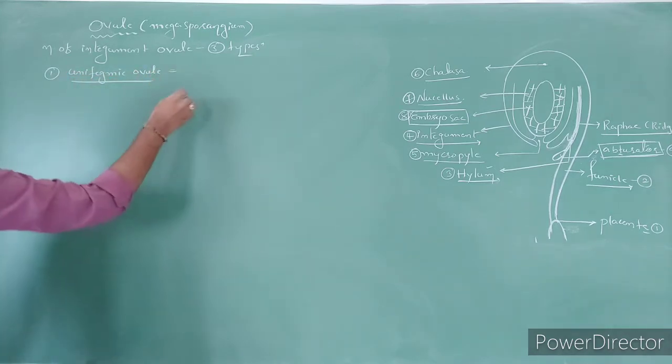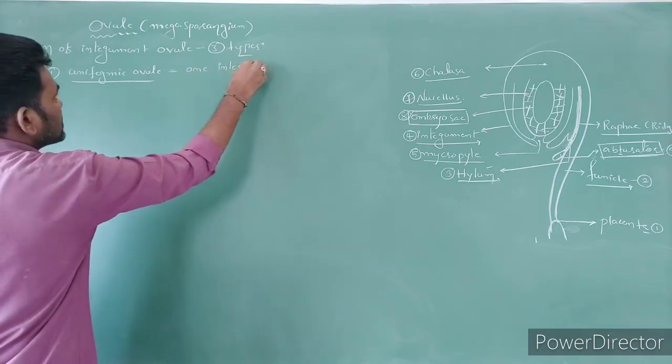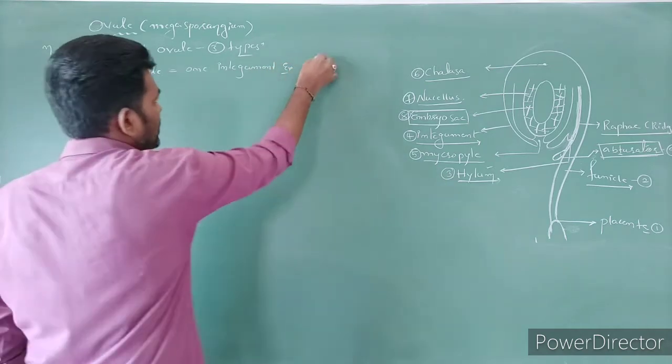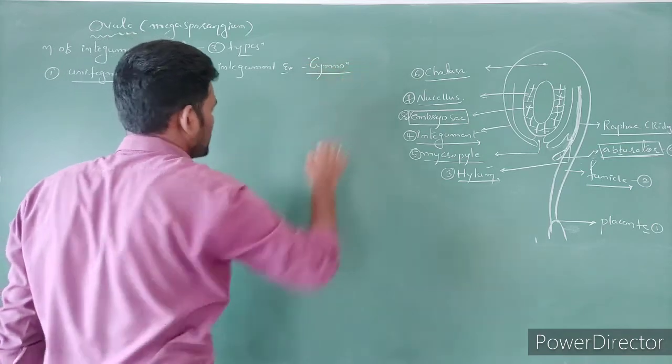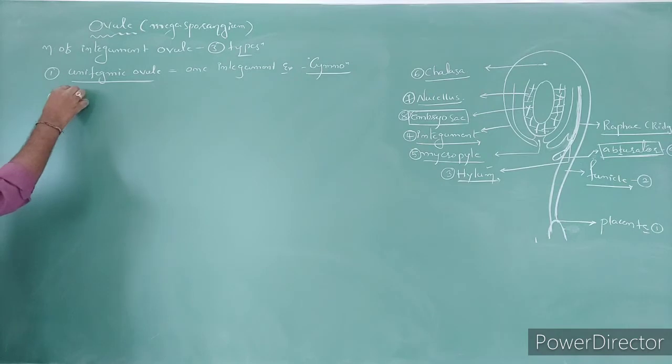Unitegmic means only one integument is present. Example is gymnosperms. And the next one is bitegmic.